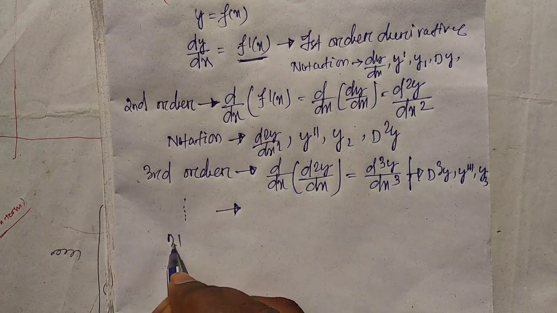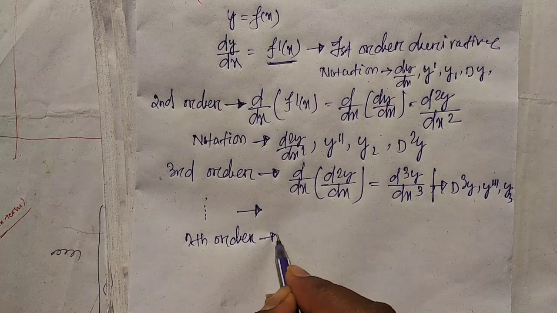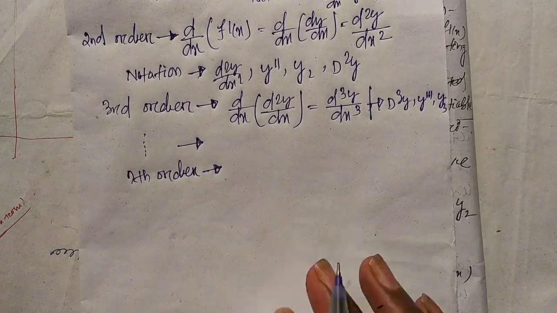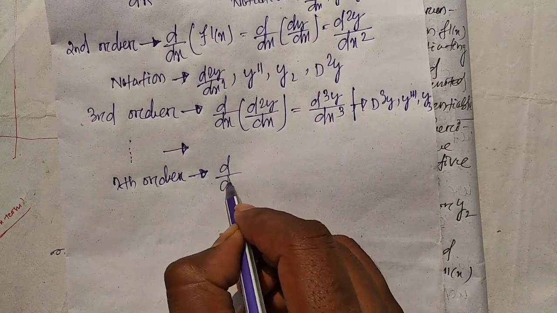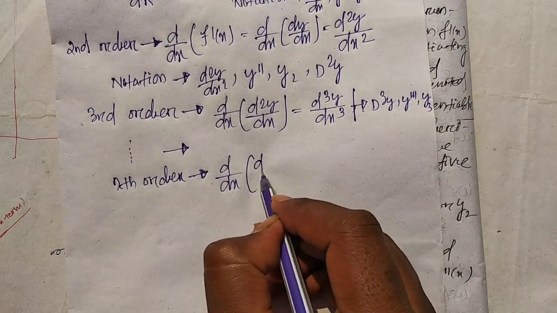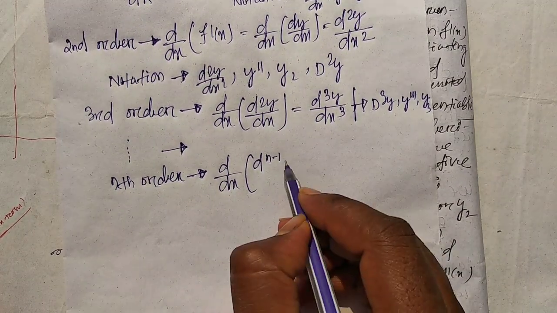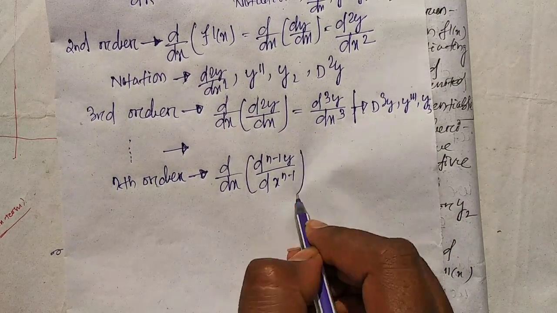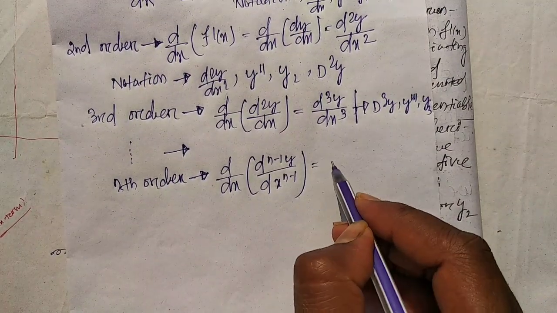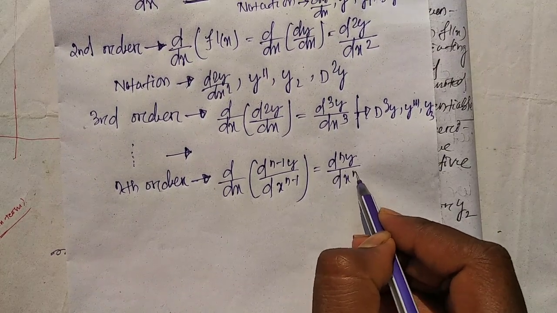Similarly, for nth order, what do we have to do? We have to differentiate the n minus 1th order, so this will give us d n y by dx n.